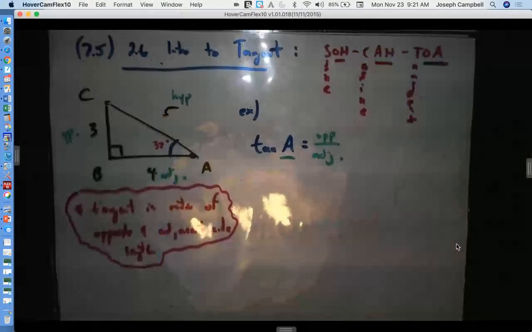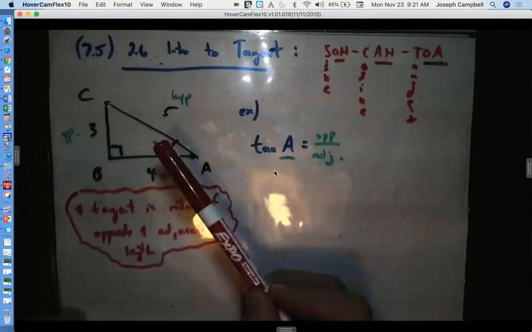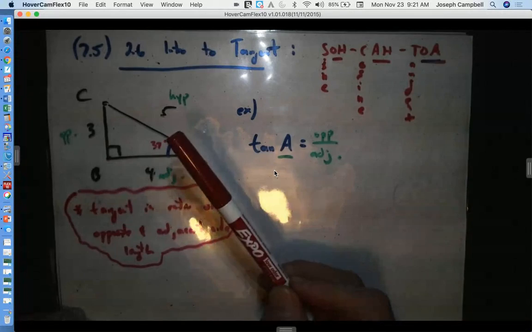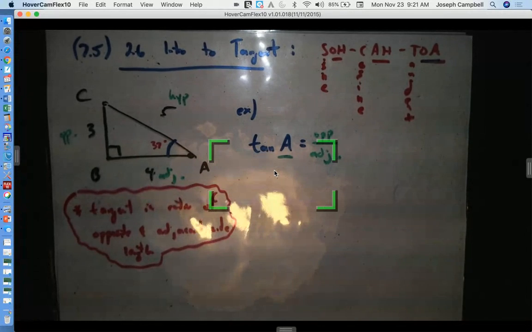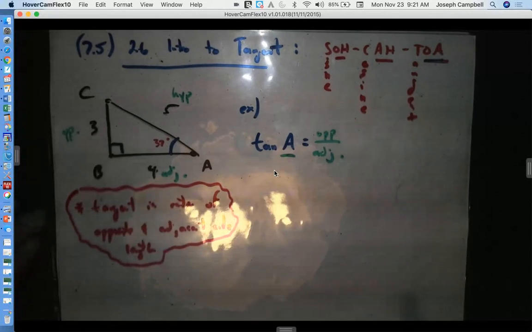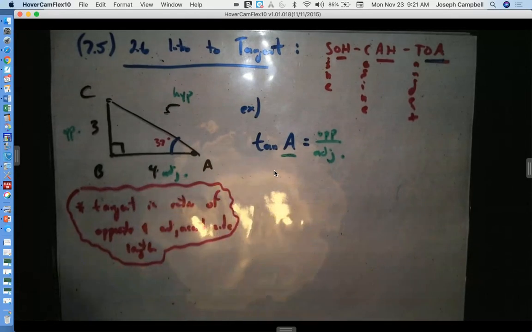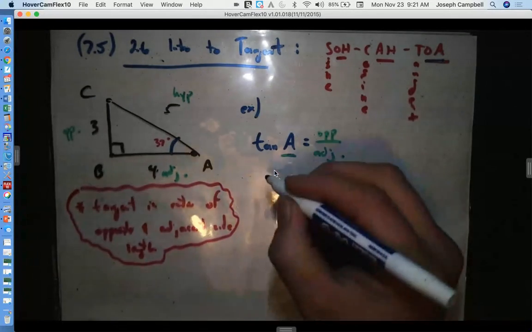Okay, so we're back. I just looked up the angle measures real quick. It turns out that this angle here in a 3, 4, 5 right triangle is 37 degrees. Sometimes it's a little easier for us to understand things if there's numbers involved. So if I throw in here the number 37 with the tangent function, don't try too hard to understand, just try to do it.